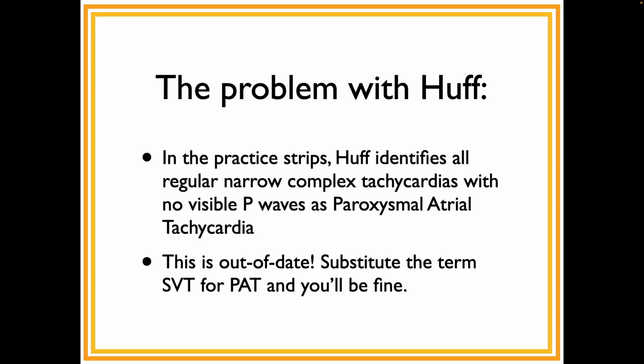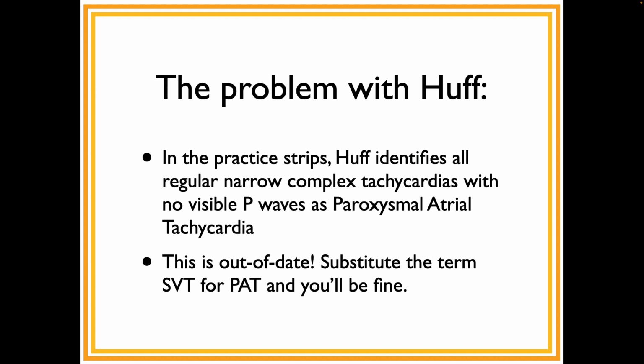87.5? Okay, so there is a mistake in Huff, and it's persisted over all of the editions. It's now gone on long enough. It's out of date, so I can call it a mistake. When you see SVT, meaning narrow, irregular, no discernible P waves, and narrow, irregular, rapid, call it SVT. What Huff calls it all the time is paroxysmal atrial tach.